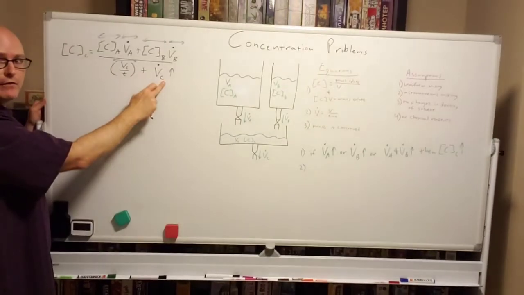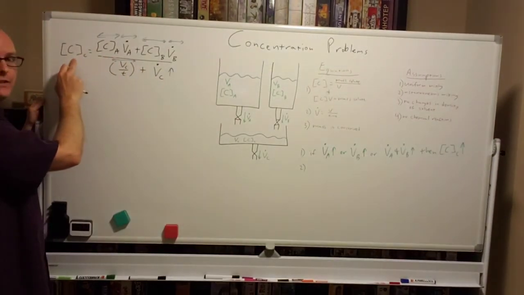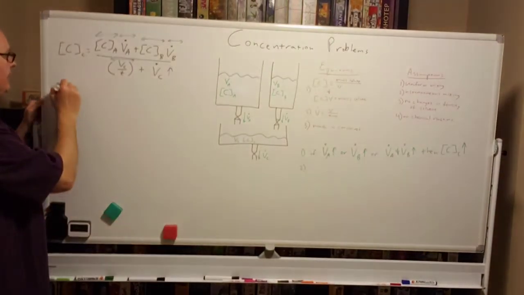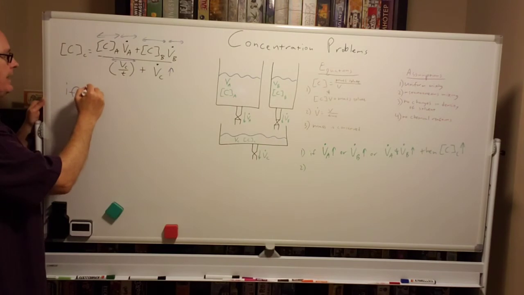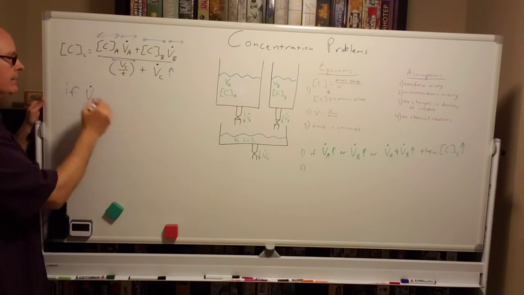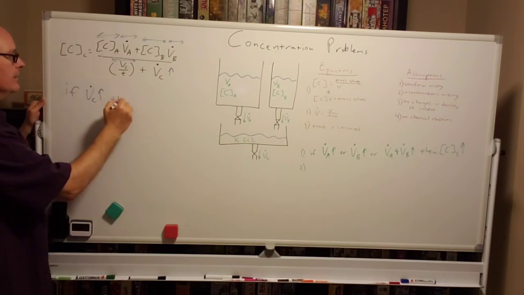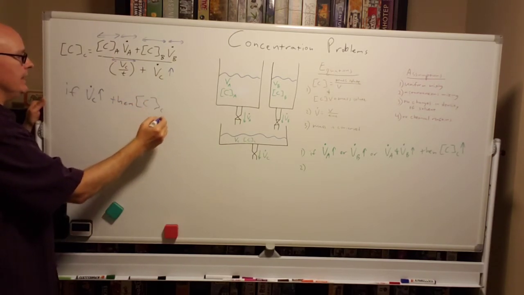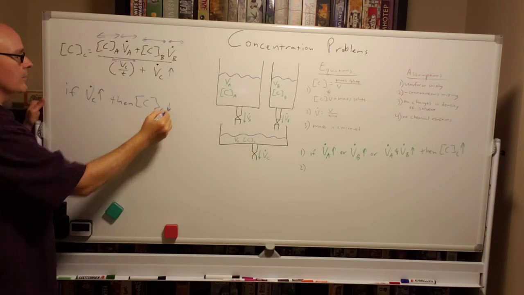So increasing the volumetric flow rate out will decrease the concentration in the tank. We know that if the leak rate out of the tank goes up, then the concentration in the tank must go down.